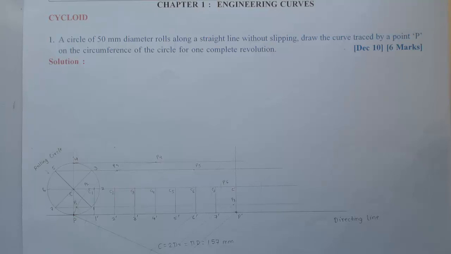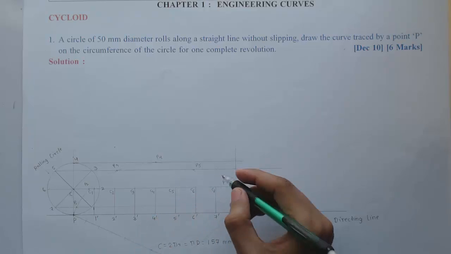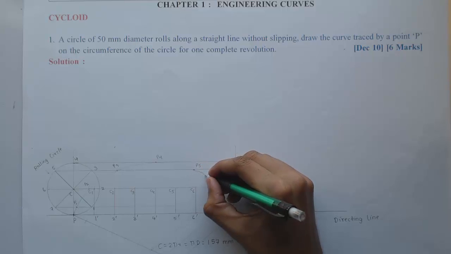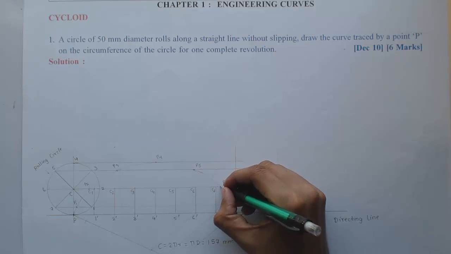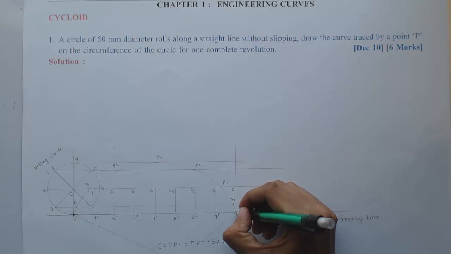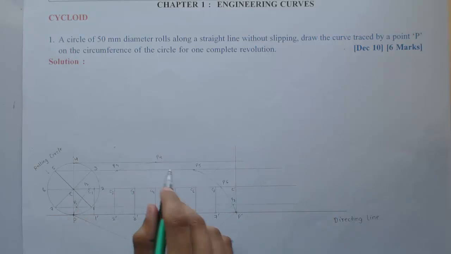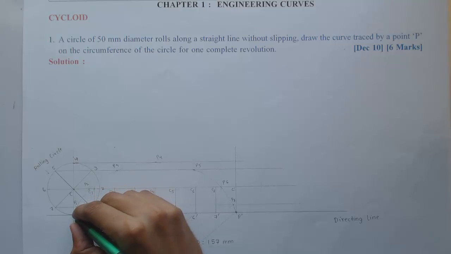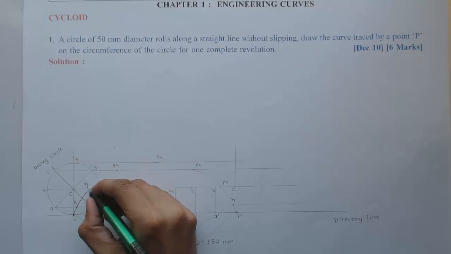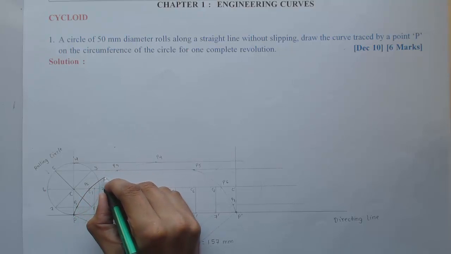Right now I don't have the French curve, so I'll just draw by freehand. Initially you can draw it light, and if you feel that the shape is right, then you can make it dark, because that is the required answer, so that should be dark. So I'm making that cycloid dark now.